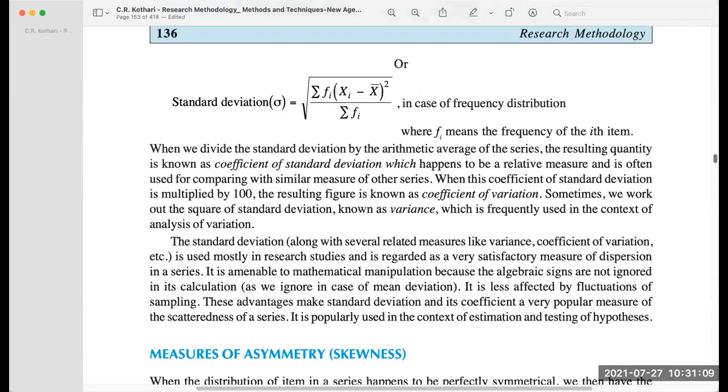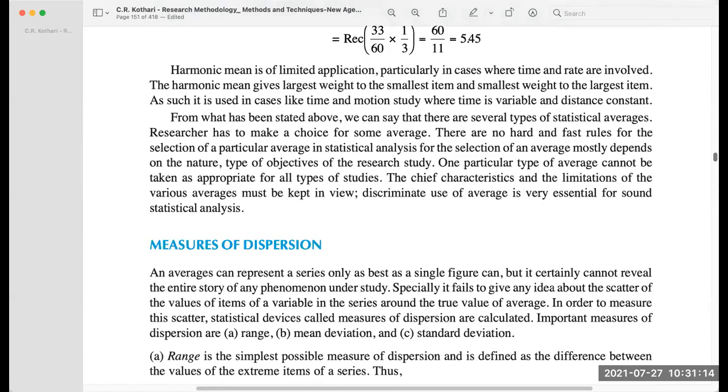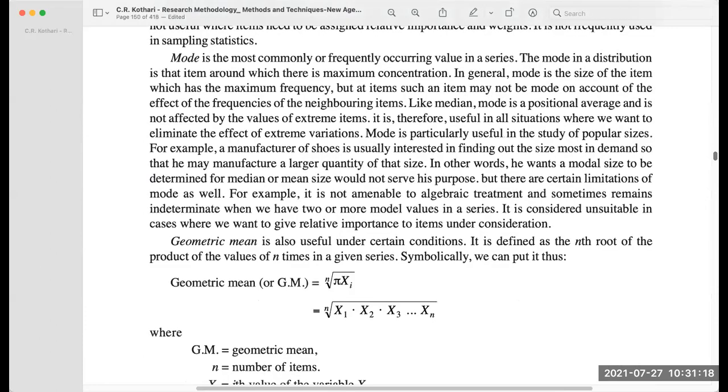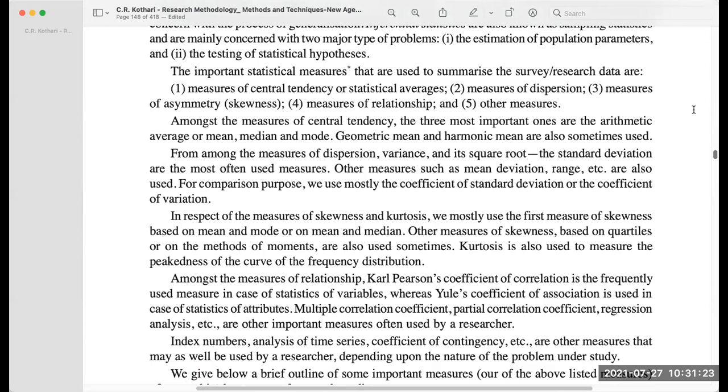But remember, whatever we are going to do, we are interested in only 5 types of analysis that I have already told you. These are the 5: central tendency, measure of dispersion, measure of symmetry, measure of relationship. This is the most important one, measure of relationship.